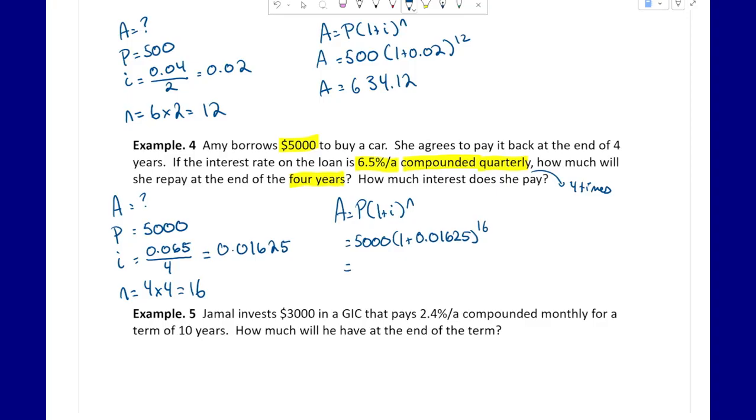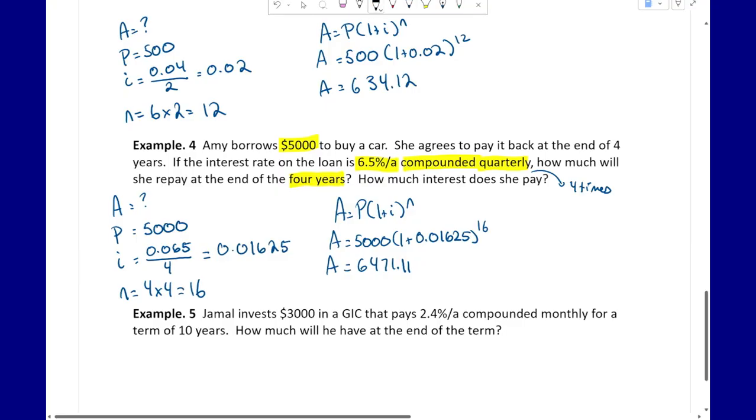This is a calculation that we can plug into our calculator all at once, depending on our calculator, but it should be fairly straightforward if we have a good scientific calculator. We end up with $6,471.11. And that is how much we're going to owe at the end of 4 years.